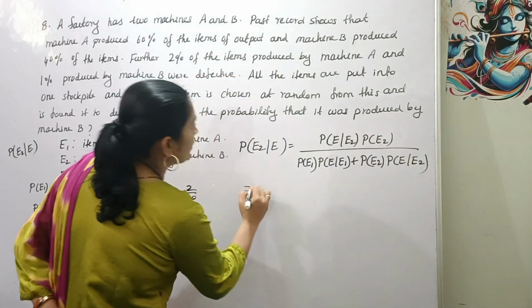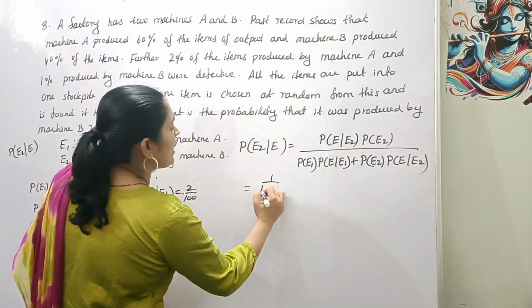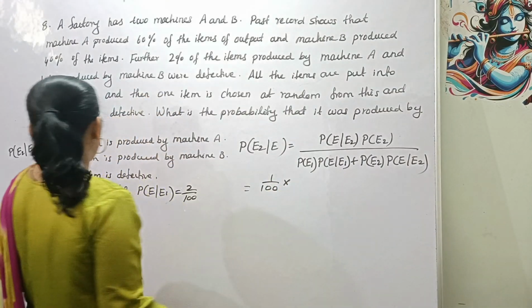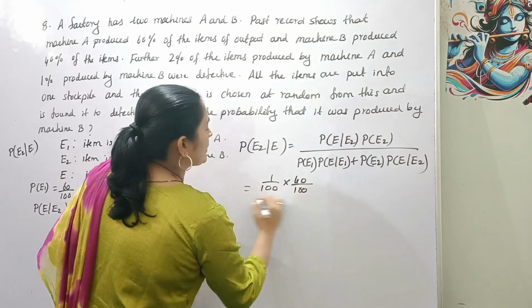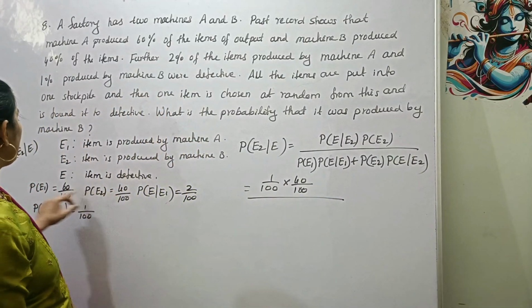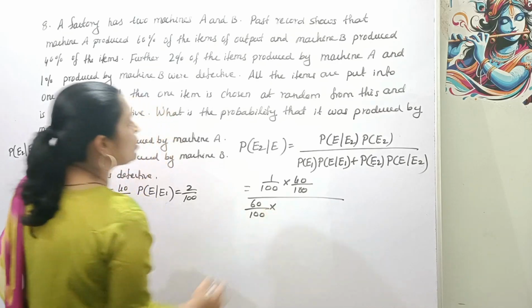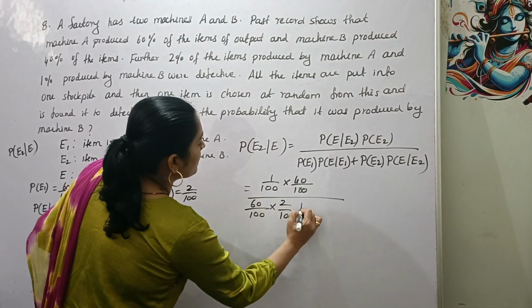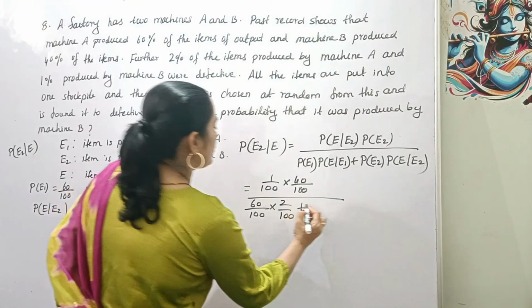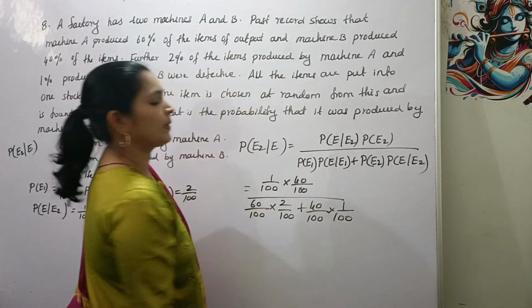Okay, that is equal to probability of E given E2 is 1 by 100 into probability of E2 is 40 by 100 divided by probability of E1, 60 by 100, into probability of E given E1, 2 by 100, plus 40 by 100 into 1 by 100.